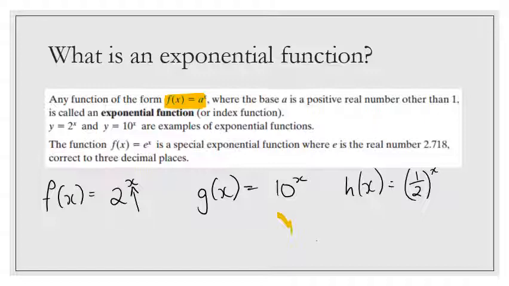So e is one of those really important numbers like pi. It's an irrational number, it goes on forever. And just the same way that pi is really useful for circles, e is really useful for change, how things might change. So just be aware that we're going to see this quite often when it comes to exponential functions.